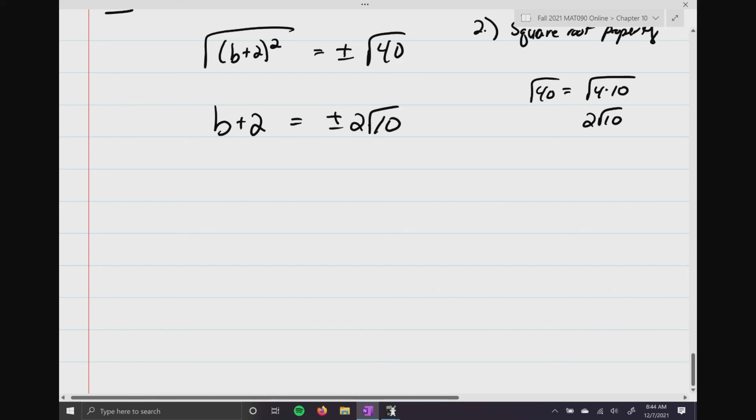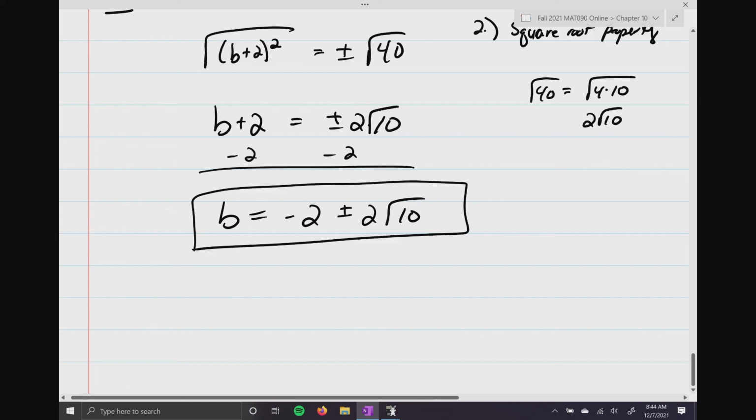But we still have to solve, so we still have to subtract 2 from both sides. How we write our answer is b equals negative 2 plus or minus 2 square roots of 10, and we leave it like that because we cannot combine those terms at all.